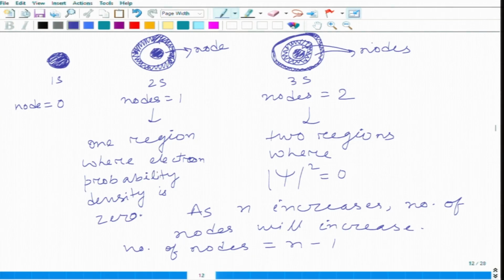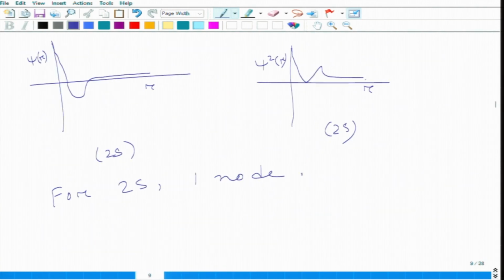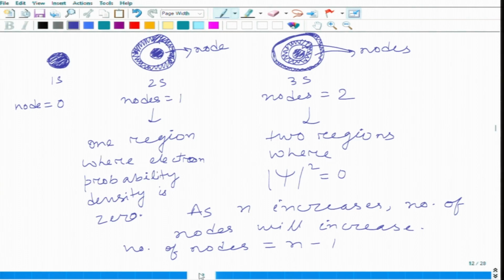Since we can see from the plots that it never touches 0, it will continue up to infinity, but that is not possible to draw. So, how much will we draw? In the boundary surface diagrams, those regions are expressed which have a probability density of 90%. That is, the probability of finding an electron is 90%.